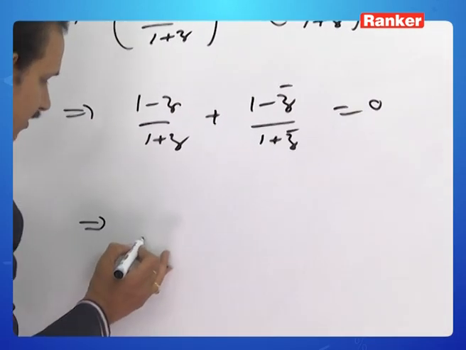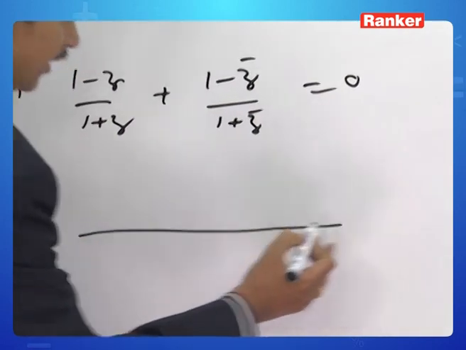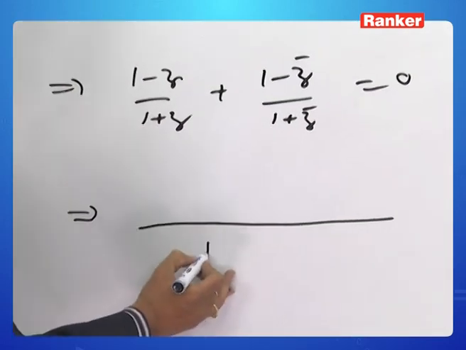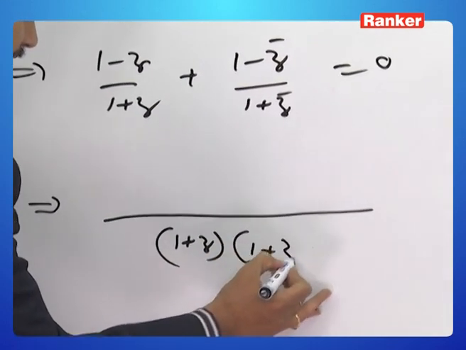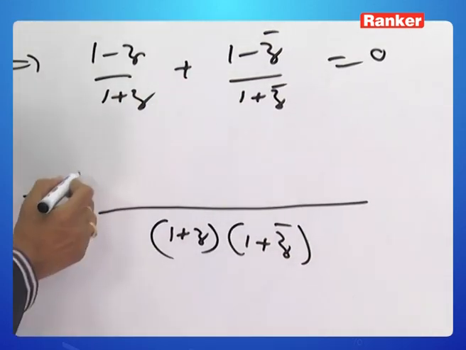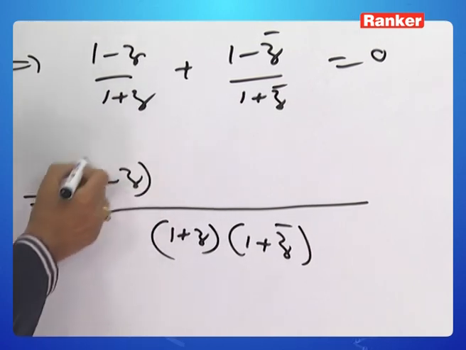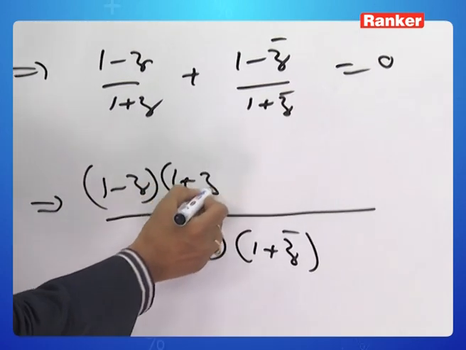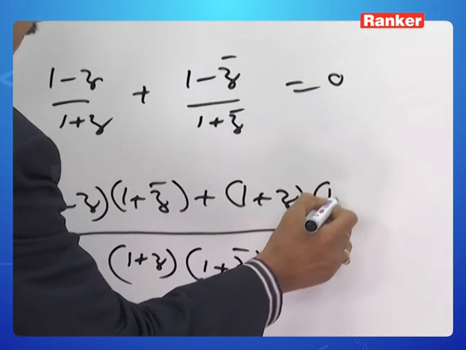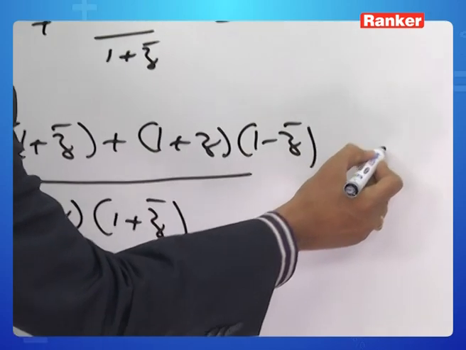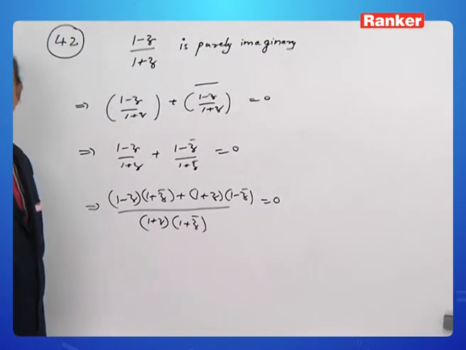Let us now consider the LCM. What is the LCM here? (1 plus z) into (1 plus z bar). Here, (1 minus z) into (1 plus z bar) plus (1 plus z) into (1 minus z bar) is equal to 0. Let us think of the numerator first.